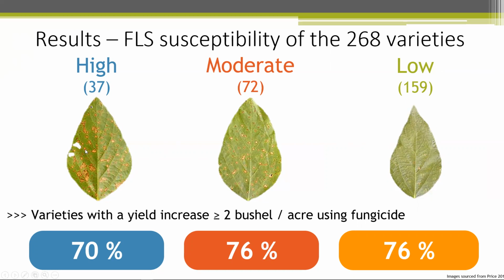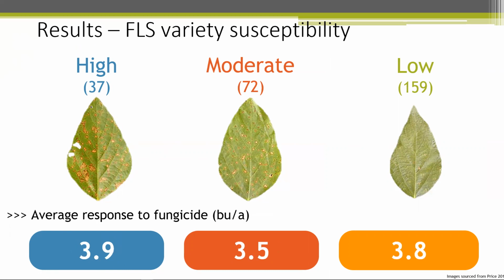What was interesting, at the bottom of the screen, is the percentage of varieties with a yield increase of at least 2 bushels per acre from using that fungicide at R3. We had 70% of our highly susceptible varieties having that type of response, and 76% of the varieties in both moderate and low also had a response, which was quite interesting since it was so similar across these susceptibility categories.